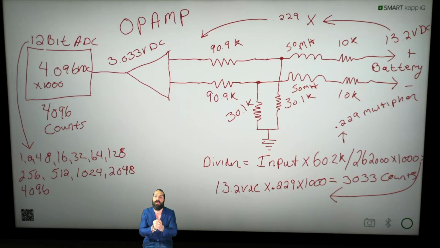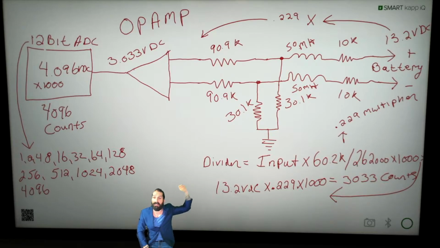So let's just review it very quickly. The input divider resistance: if it's 30.1K and you're going to add those two together, you can see that right there. Those two resistances are the divider input. So we just add those together: 30.1 plus 30.1 equals 60.2, divided by the total resistance in the entire circuit.